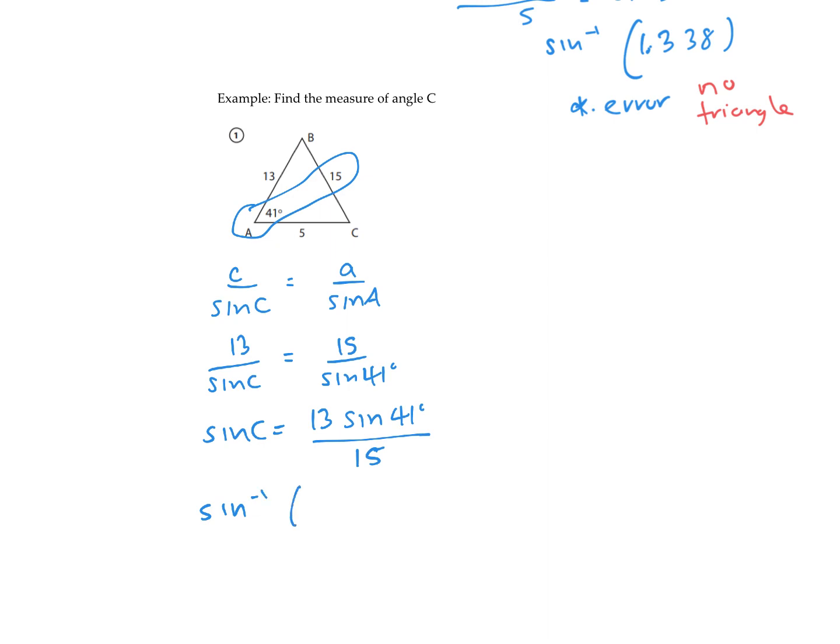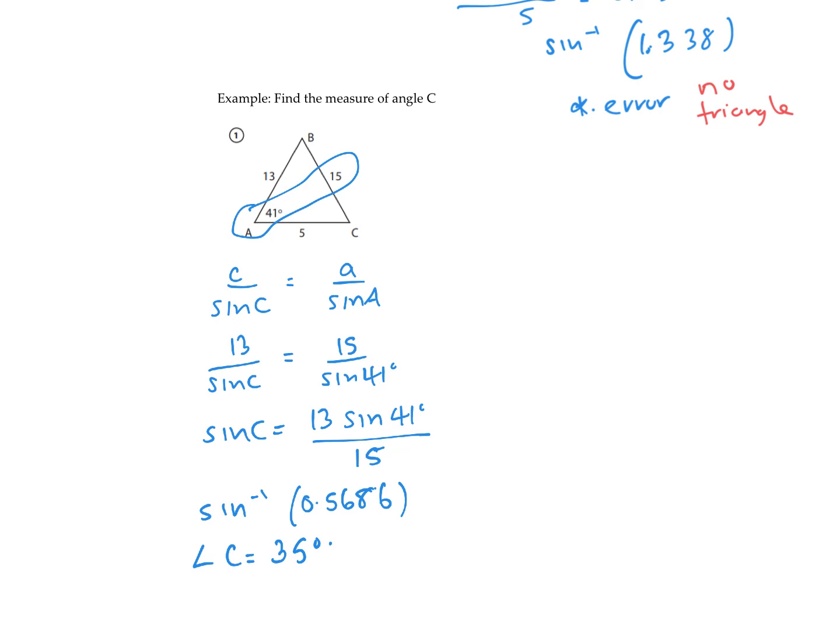So let's see what we get here. If we change that to a decimal, and then we'll find angle C. We're able to find angle C because the ratio is less than 1. And so angle C is 35.